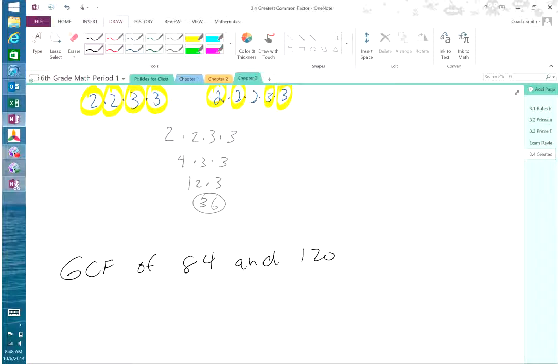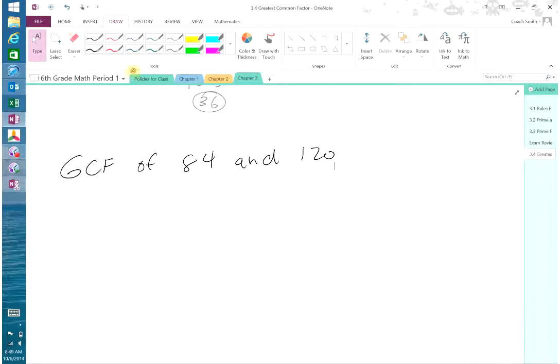Obviously, that would take you quite a while to list all the factors of 84, then list all the factors of 120, then see which one is the greatest one. So obviously, we want to go ahead and do inverted division or a factor tree and factor it. I'm going to use inverted division for both of them because they're larger numbers, and for me, it's easier just to do this.